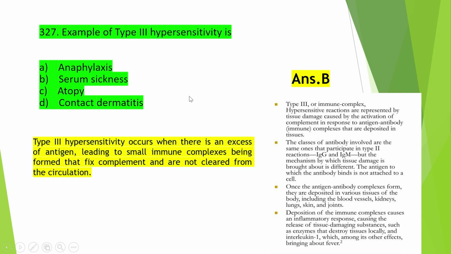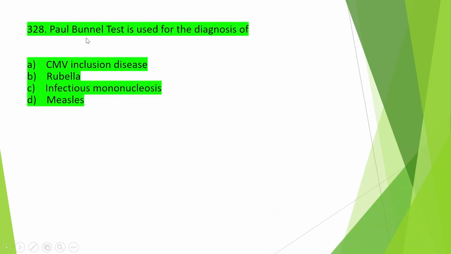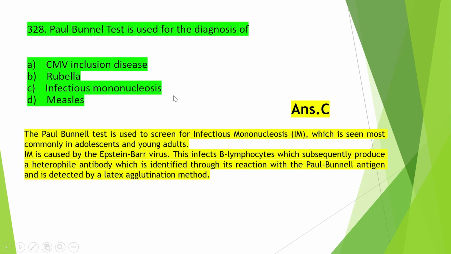The next question is: Paul Bunnell test is used for diagnosis of CMV inclusion disease, rubella, infectious mononucleosis, or measles. The right answer is option C, that is infectious mononucleosis.